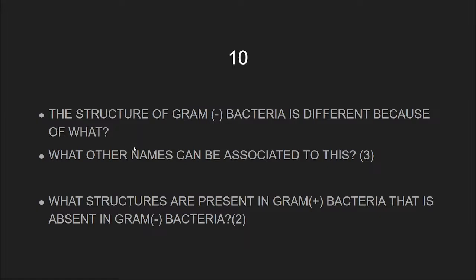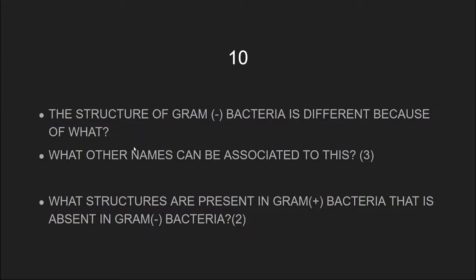Okay, so the structure that's present in gram-negative bacteria is the lipopolysaccharide bilayer. I know, ang haba. There are other names to it depending on what microorganism you might get. So it could be the O antigen, it could be the core antigen, or lipid A, quote unquote endotoxin.